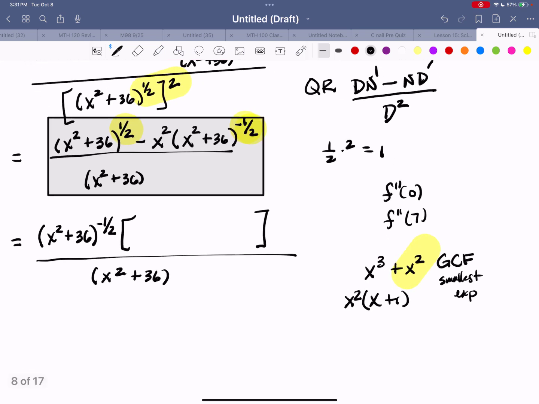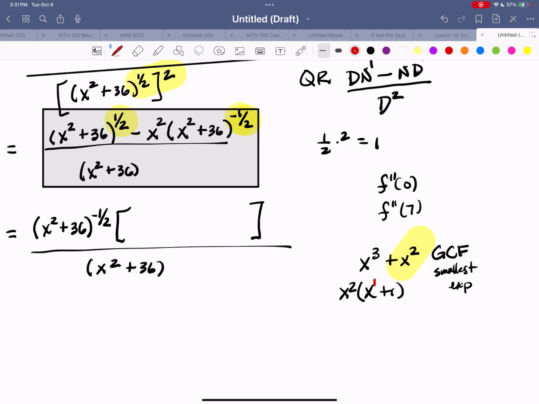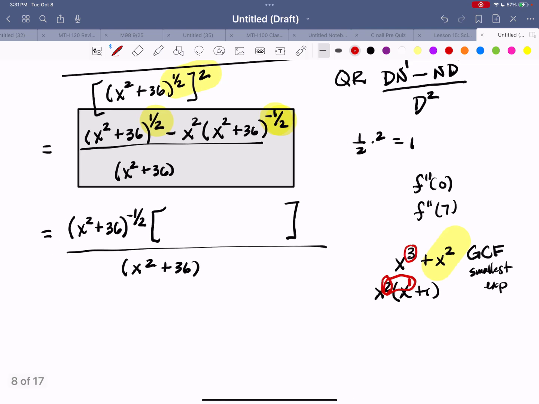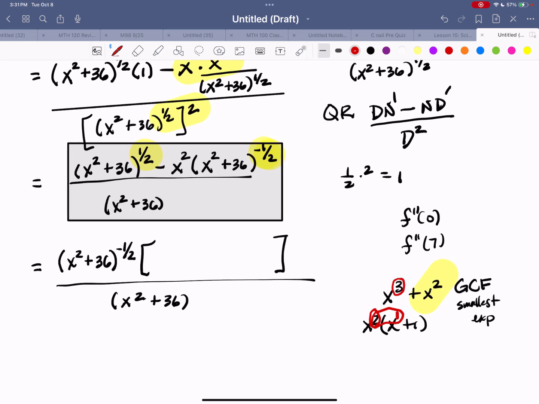Now, remember, when we did this easier one, these two exponents have to add up to 3. So you can take the 3 exponent minus the 2 exponent. It'll tell you what's left in here. So I've got to take the negative 1/2 exponent, which is the smallest, and I've got to add these two together to get the overall one.